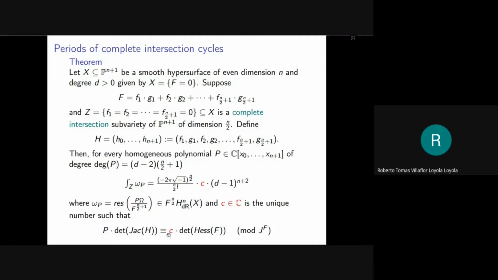And it will be congruent to some number, a unique number, times the determinant of the Hessian matrix of f, which will also be a homogeneous polynomial of degree d minus 2 times n plus 2. And this congruence has to be taken modulo the Jacobian ideal of f, which is the ideal generated by the partial derivatives of f.